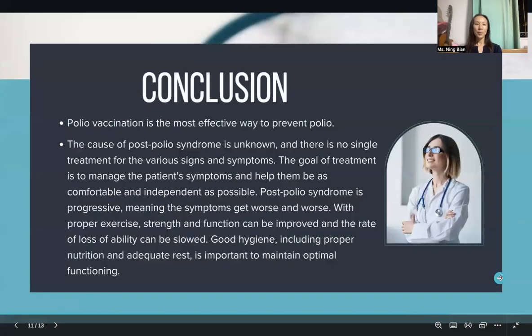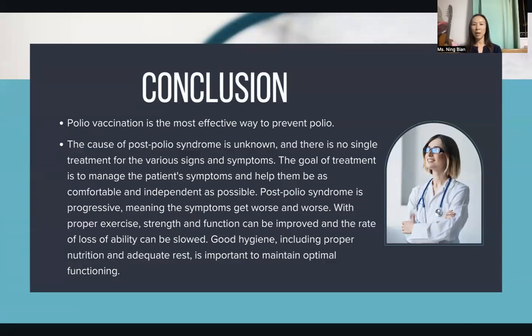Conclusion. Polio vaccination is the most effective way to prevent polio. The cause of post-polio syndrome is unknown, and there is no single treatment for the signs and symptoms. The goal of treatment is to manage the patient's symptoms and help them be as comfortable and independent as possible.